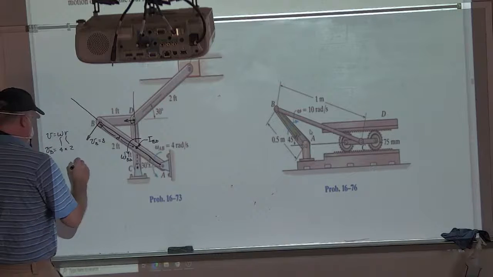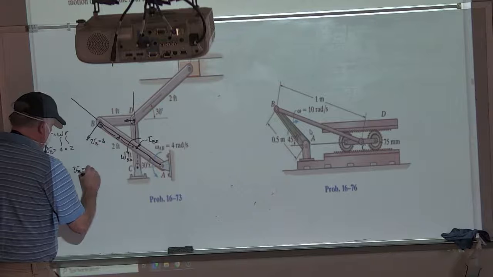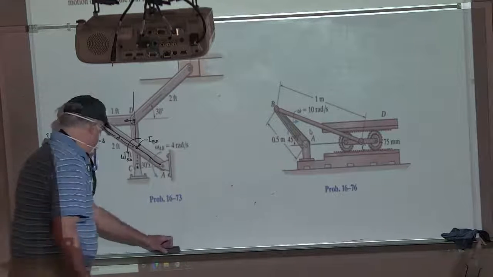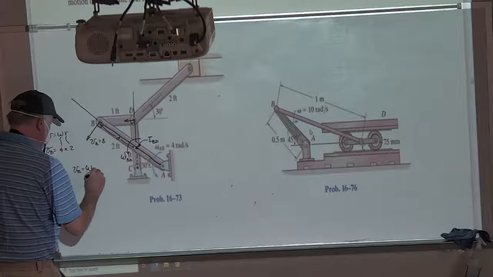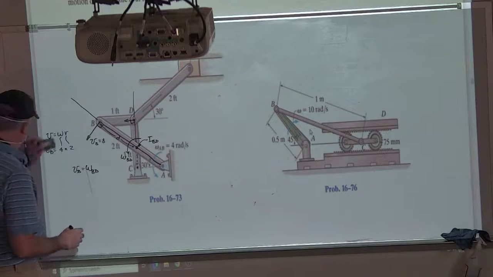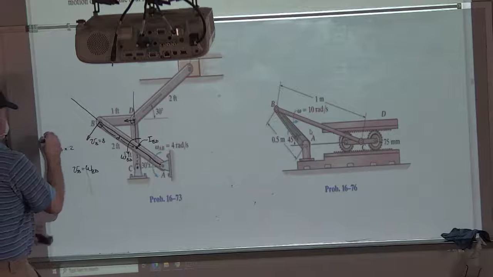In other words, velocity of B is equal to omega, and I guess I should have been more precise in this equation, and let me go back and put it.